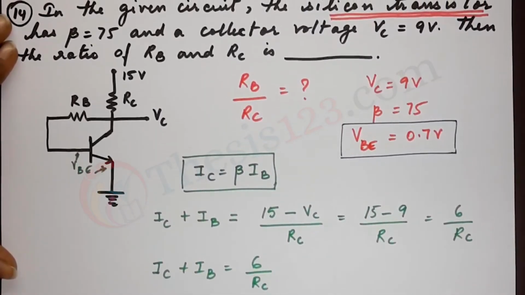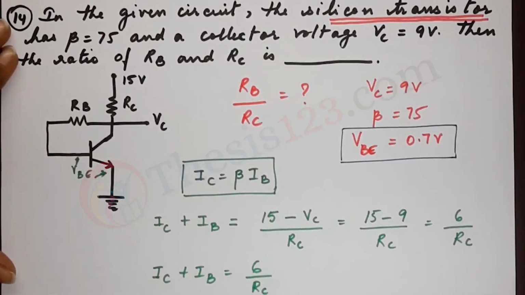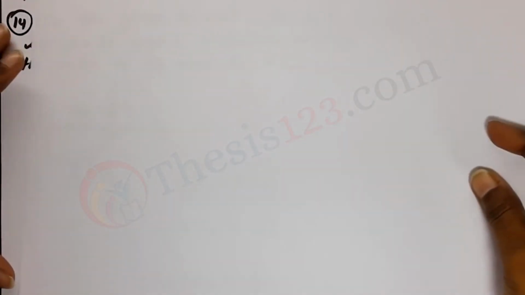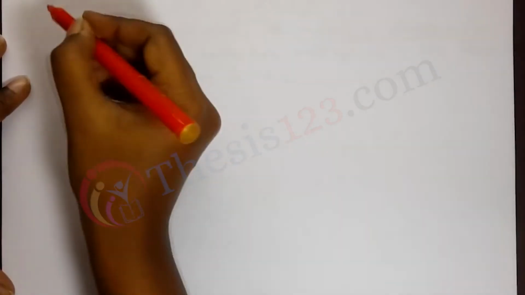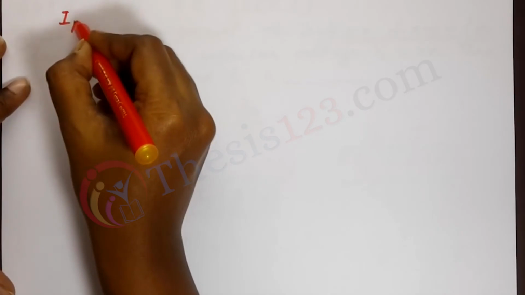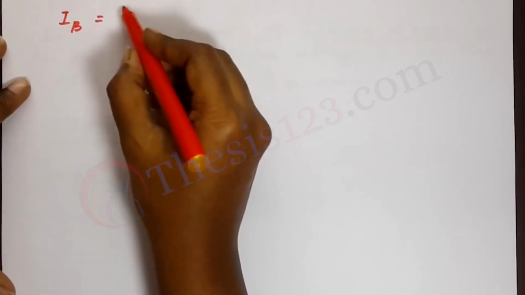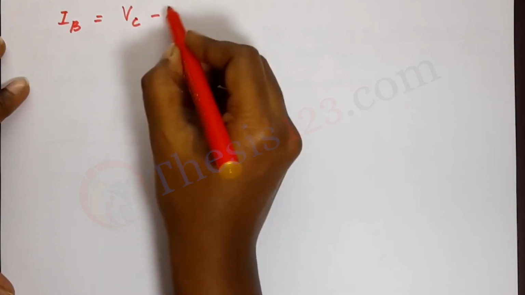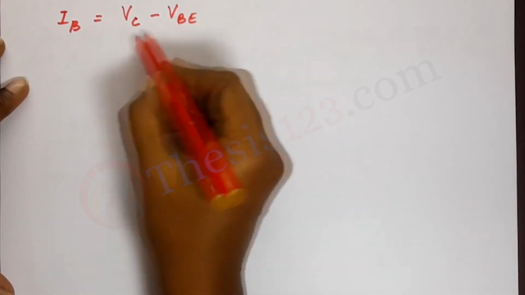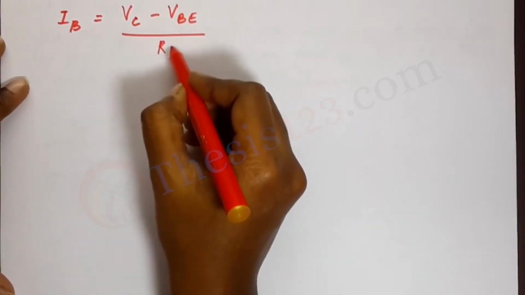Now the next expression, let's look at the current IB. The current IB can be written as VC minus VBE divided by RB.